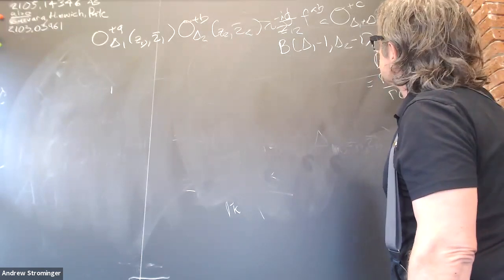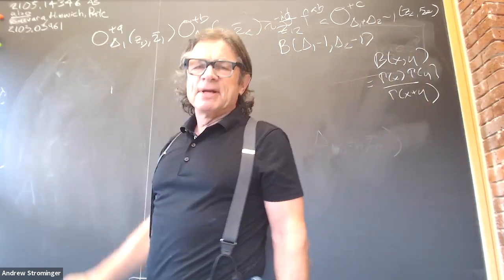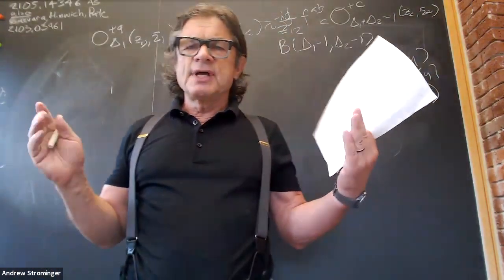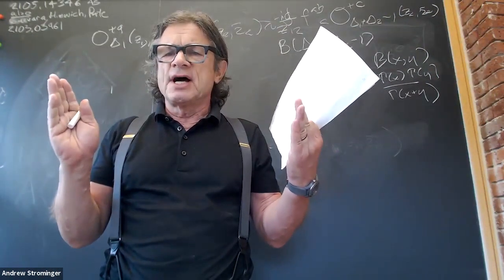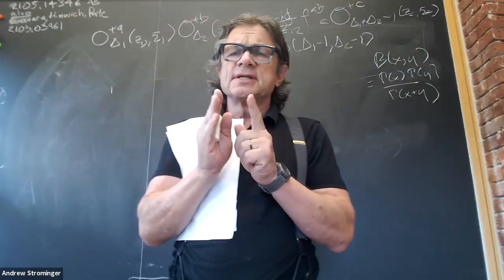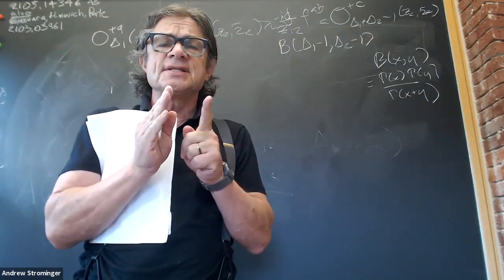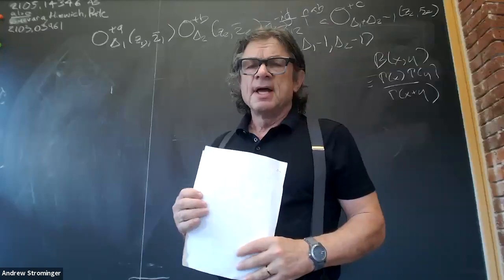So what does this formula say? Well, it's a statement about what happens when you take a scattering amplitude and you have two particles which are either entering or exiting at nearly the same point, at nearly the same angle in the celestial sphere.